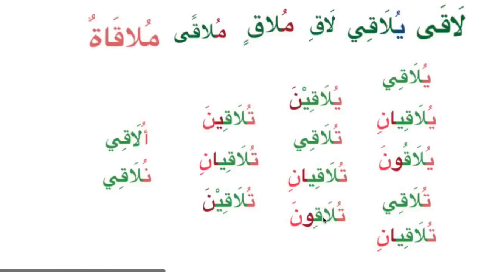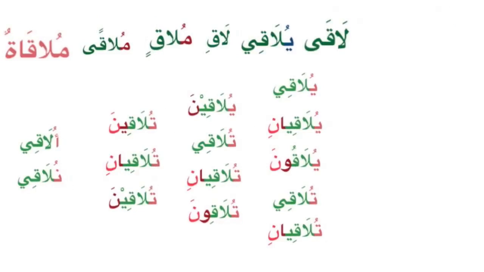Talqa, talqayani, talqawna. If kasra were given here, you would not be able to pronounce it properly. That's why this kasra is changed into dhamma. I deliberately gave a kasra just to show that this is difficult to pronounce. Then talqayna, talqayani, and talqayna. The difference between these two is that ya is the fa'il in one, and noon is the fa'il in the other, so it's mabni. Alqa, nalqa. So this is how the weak letters are conjugated.